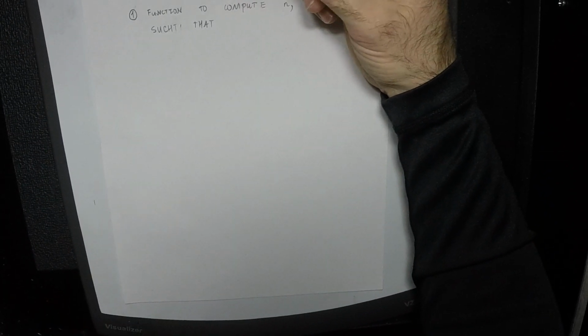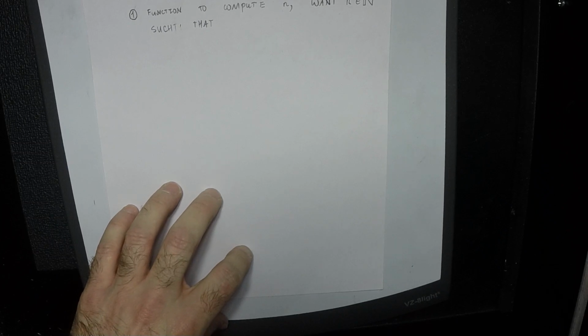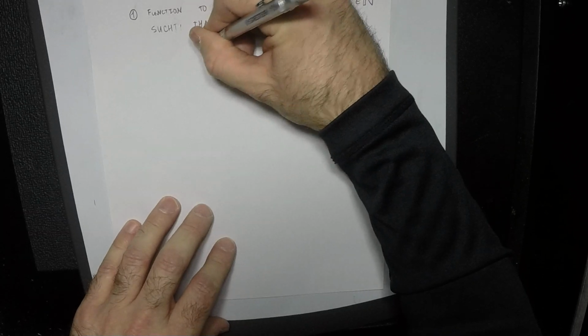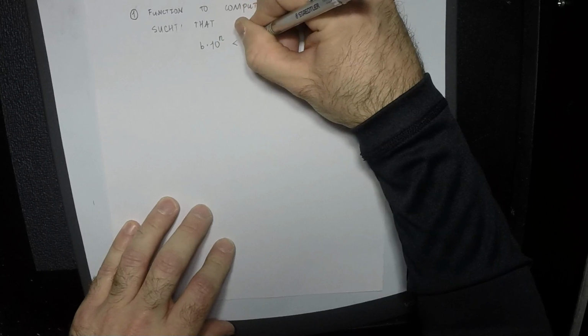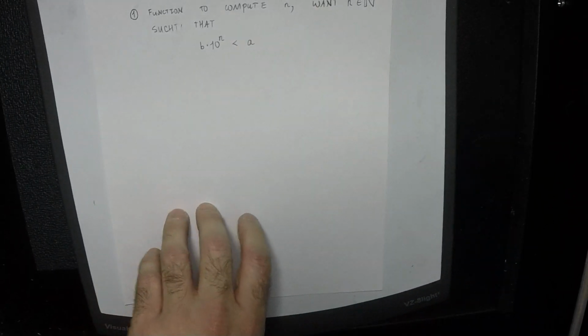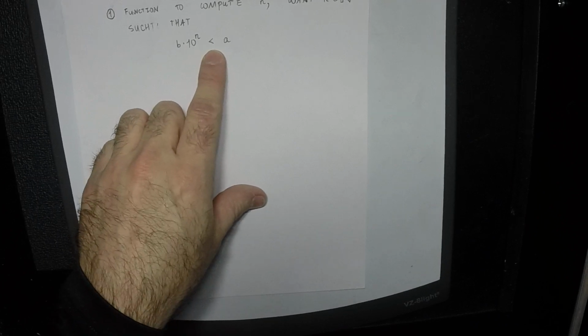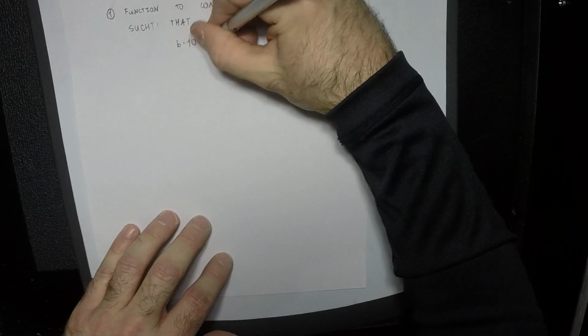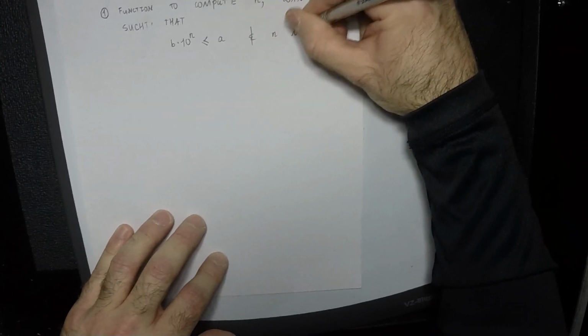So let's describe it as well as we can. B times 10 to the n is less than a, and is the maximum of all such n. In fact, it's not less than, it's less than or equal, and n is maximal.